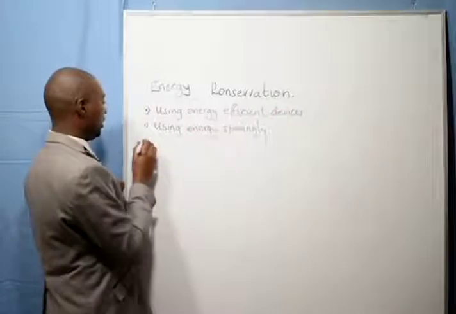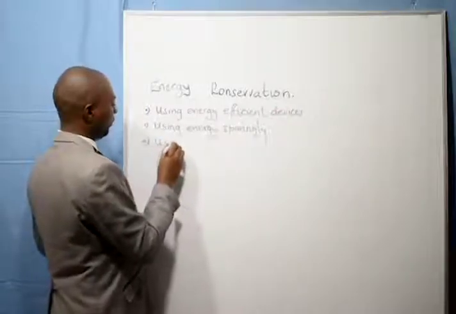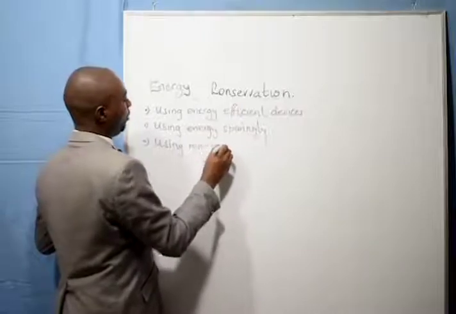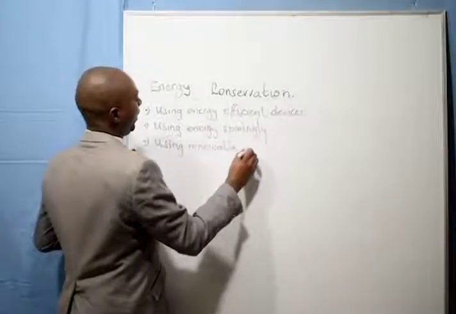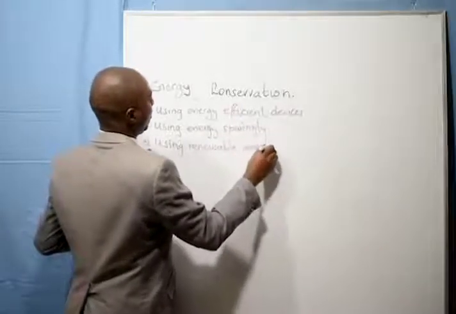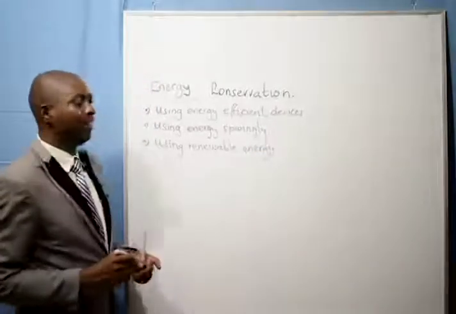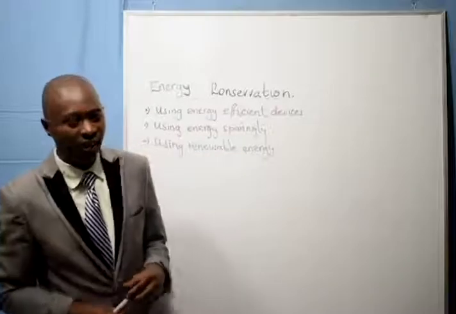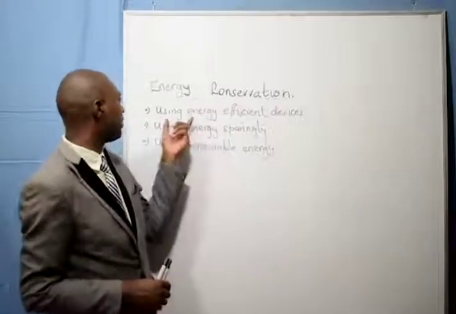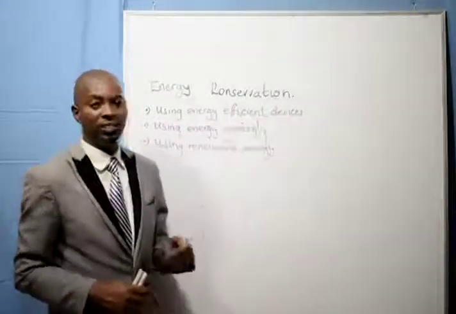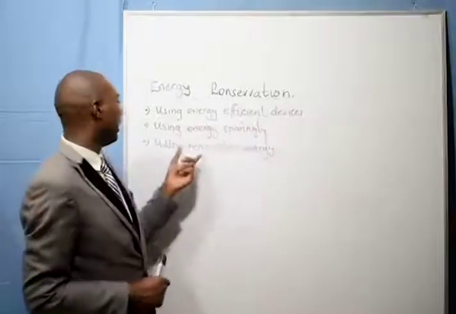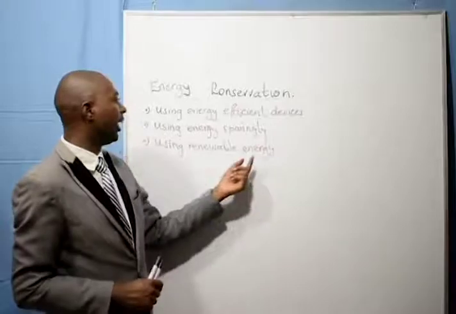The other one is using renewable energy. So those are the three main methods of conserving energy. We can conserve energy either by using energy efficient devices, using energy sparingly, and using renewable energy.